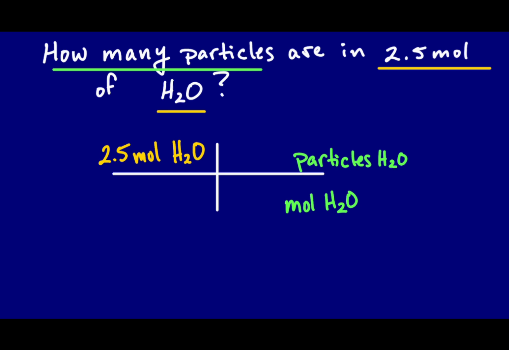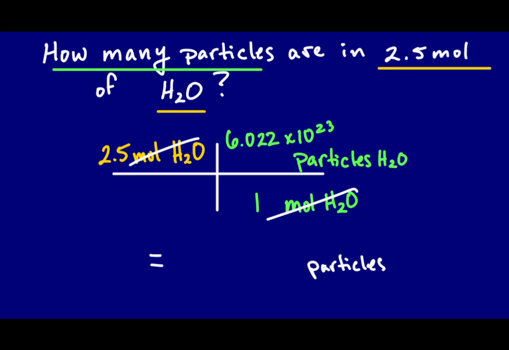Now we have to think about where do the actual numbers go. So like I was saying, for every 1 mole of H2O, we'll have 6.022 times 10 to the 23rd power number of particles. Moles of H2O cancel because they're diagonal. Particles of H2O are the only units that are left. So our units are making sense here based on how we set them up. Avogadro's number is going to be in the numerator here, so that means we are going to multiply by the converting factor.